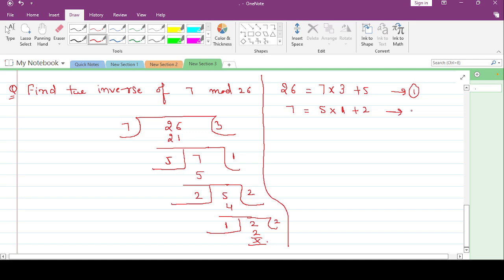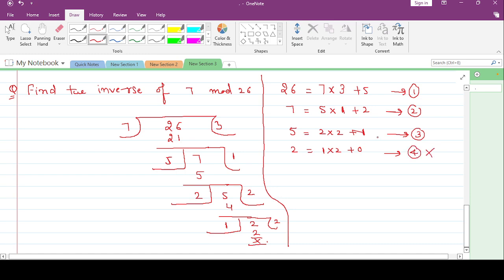Next, 5 can be written as 2 into 2 plus 1, and then 2 can be written as 1 into 2 plus 0. This last remainder is actually 1.